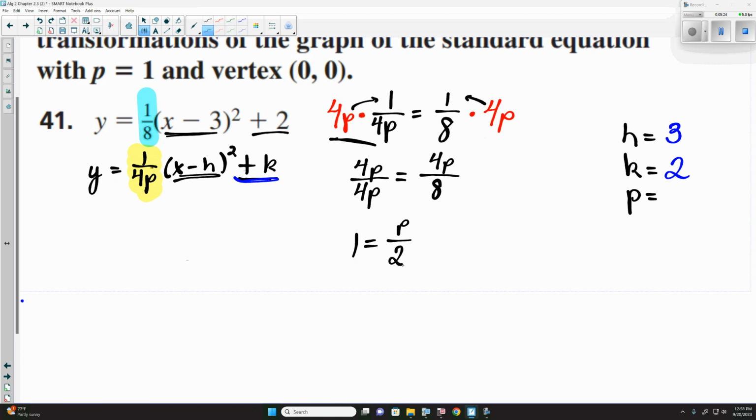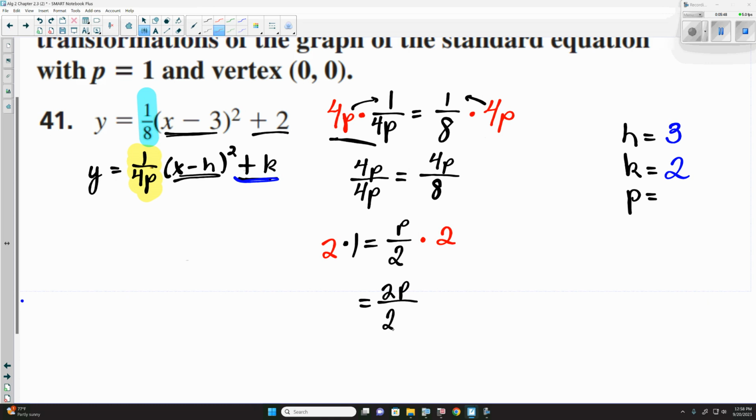Questions on any of this here? Now at this point here, we do need to solve for the value of p. So what we can do is multiply both sides by 2. Because if we multiply the right-hand side by 2, we would get 2p over 2.